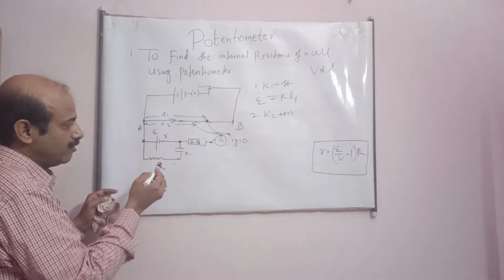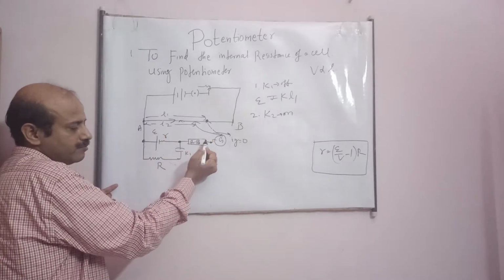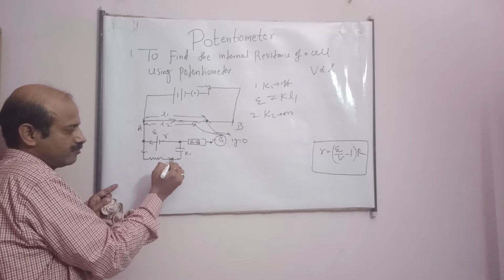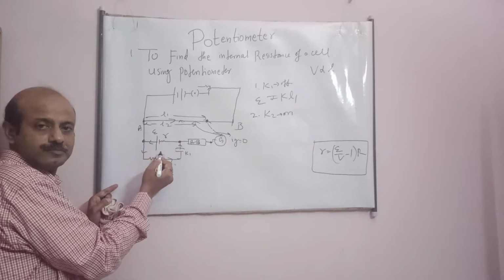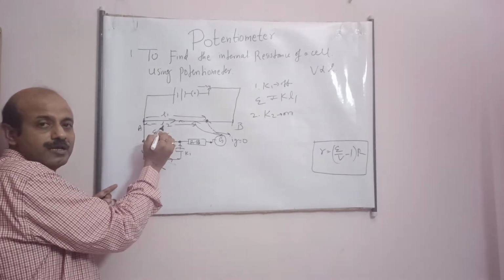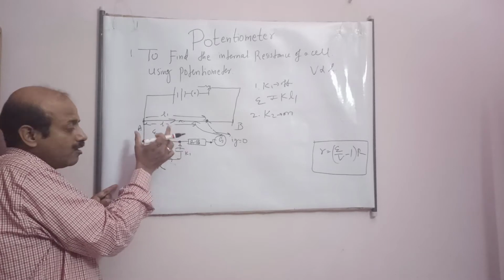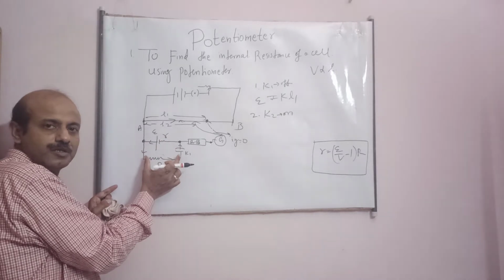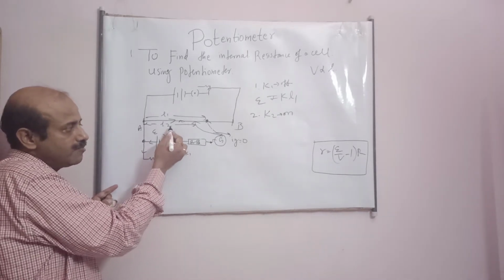Now remember, student, current in this part is 0 at null point. But in this circuit there is a current now. This means now this length is balancing the potential difference across this point. Same potential there. Okay student. First time when this key was off, this was balancing the EMF.